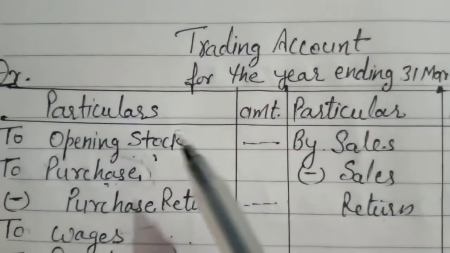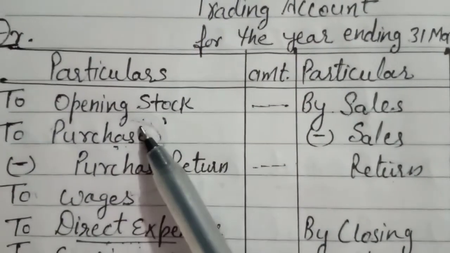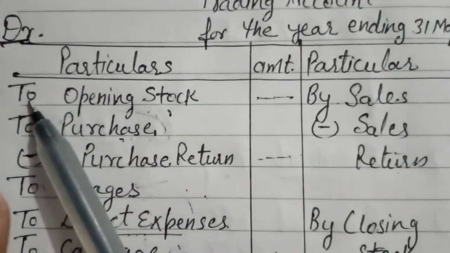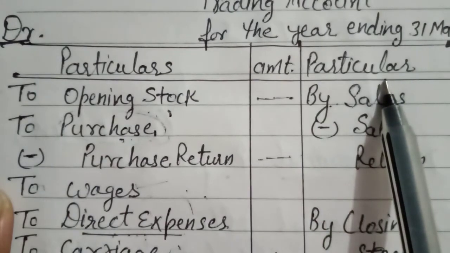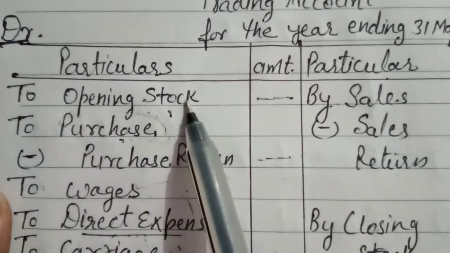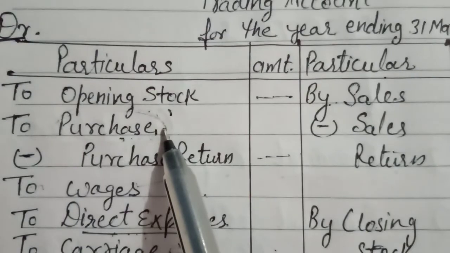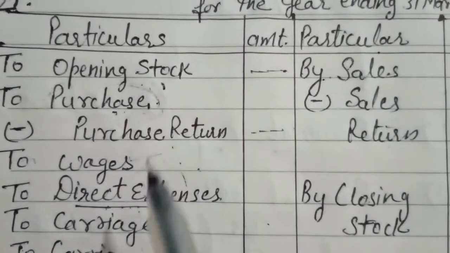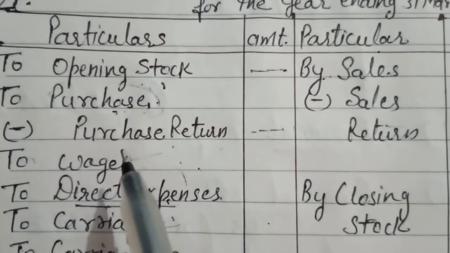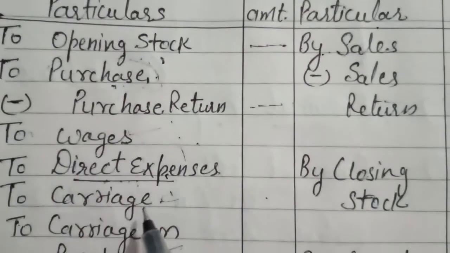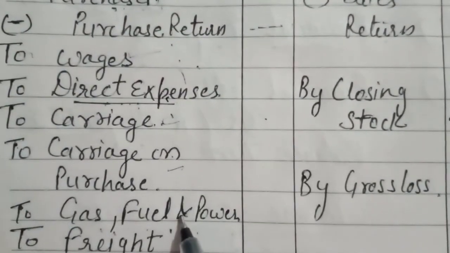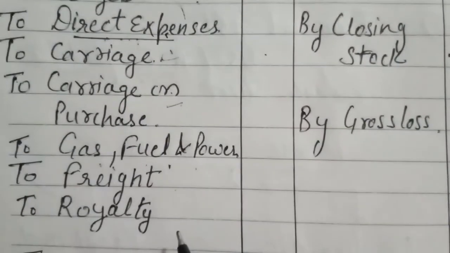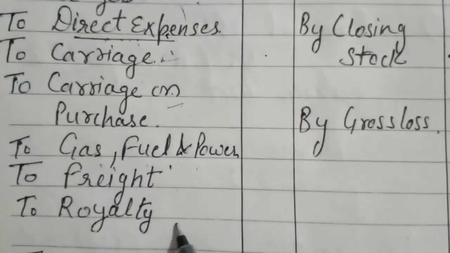On the debit side, we record all the items with "To", and on the credit side, with "By". The items are opening stock, purchases less purchase return, direct expenses which include wages, carriage on purchase, fuel and power, freight, royalty, etc. on the debit side.